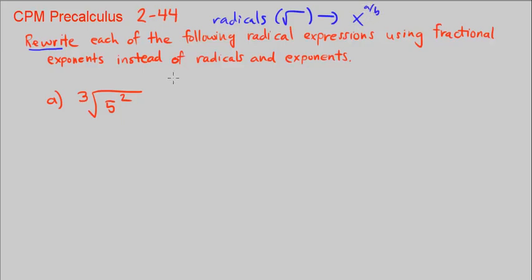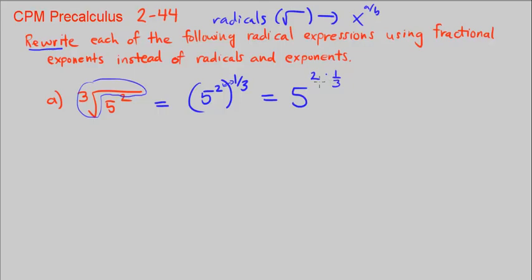Okay, so what you need to know for part A is that the cube root is the same thing as what's inside to the power of 1/3. The cube root means 1/3, and to simplify this, we multiply 2 times 1/3, so we have 5 to the power of 2 times 1/3.